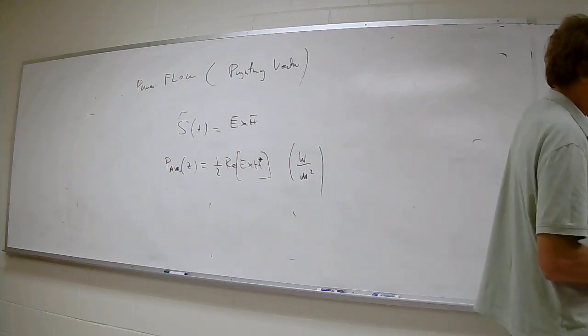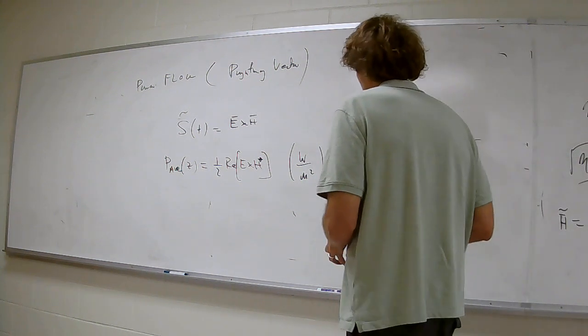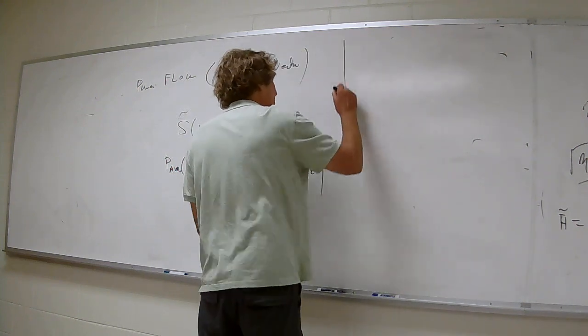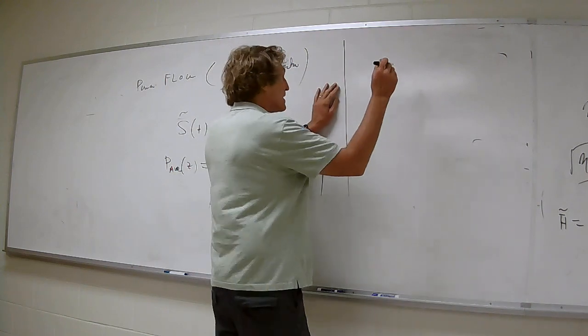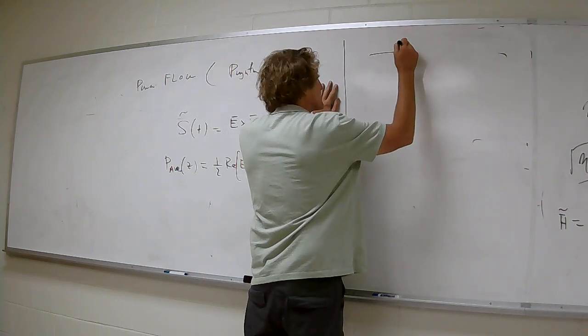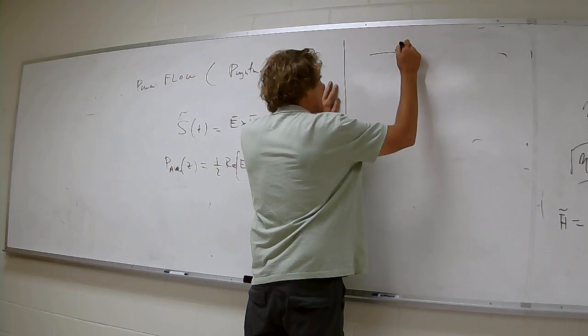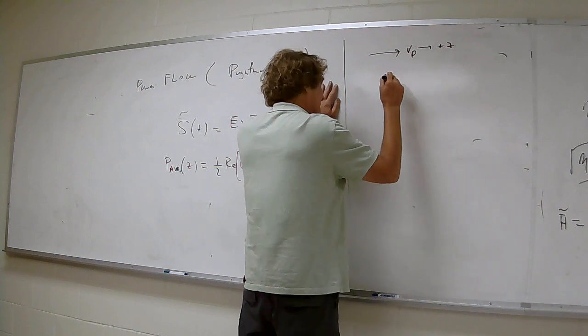Remember how I showed you this? And there's that 45-degree angle that I can account for over here. So if you have power flow, and I'm only going to go in one direction, so I'm going to assume that the direction of propagation, or phase, is plus z.